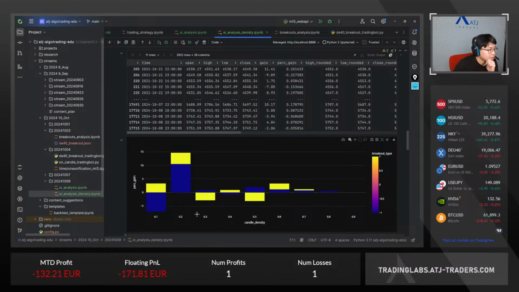Most of the breakouts happen when the candle density is low. And what we can see here is that we have 500 breakouts when the candle density is 0.3. And then here we have 59, 500, 59.